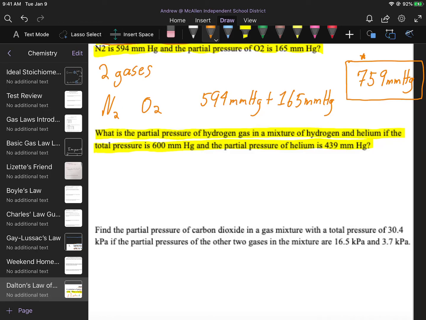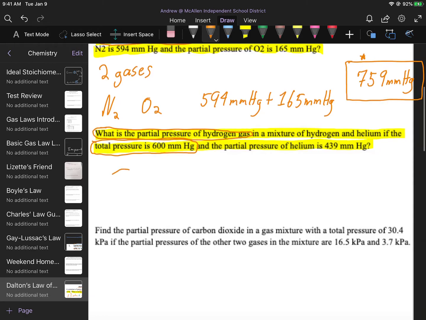I gave you the total pressure. And I'm asking, what is the partial pressure of hydrogen? So again, if we go back and think of it like a circle, we only have 2 gases in this.